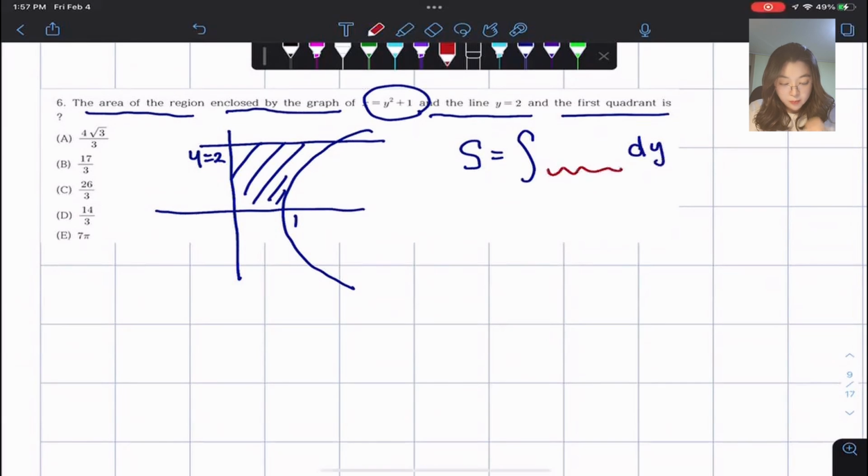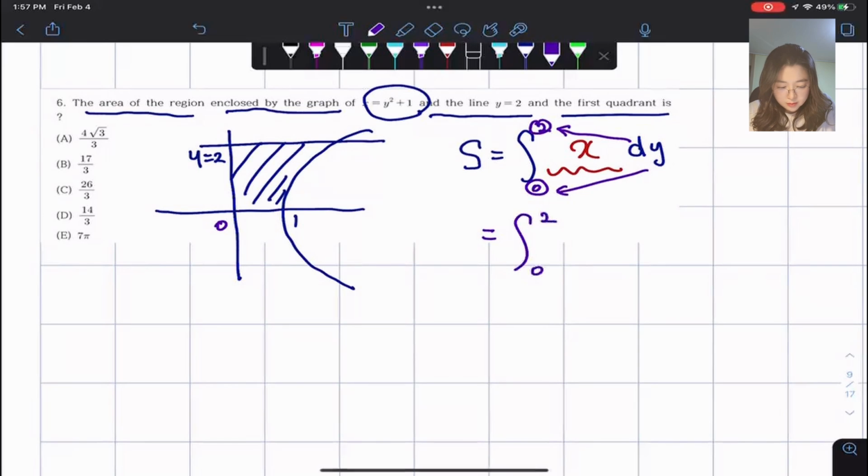Plug in the opposite variable x. This range is related to y, so the range is 0 to 2. So the integral from 0 to 2, plug in this function instead of x, y squared plus 1 dy.